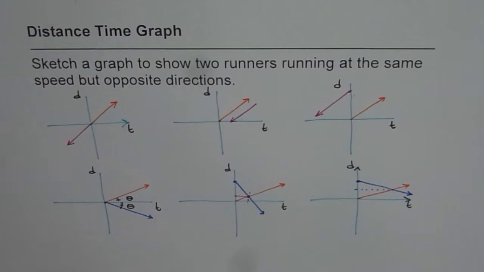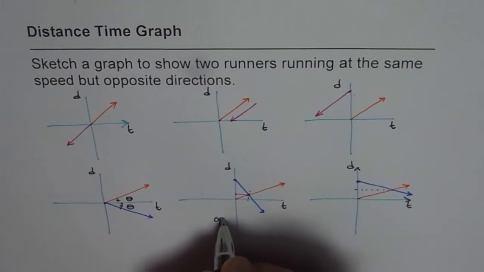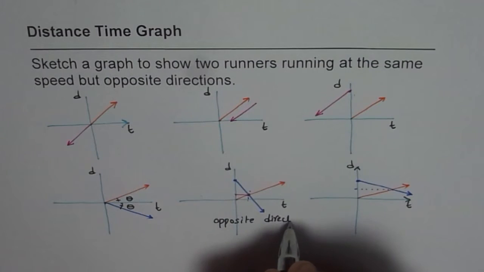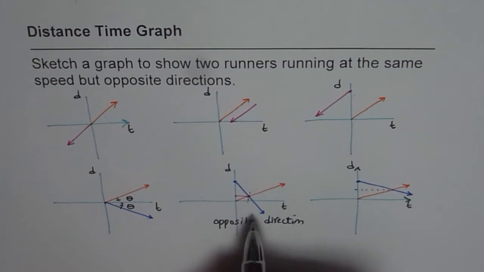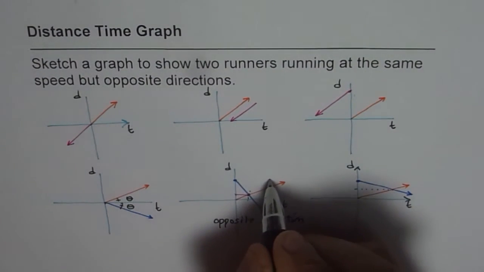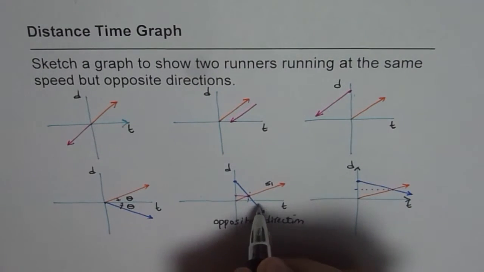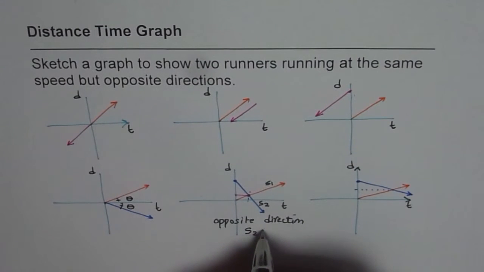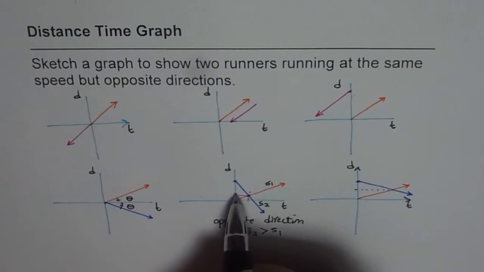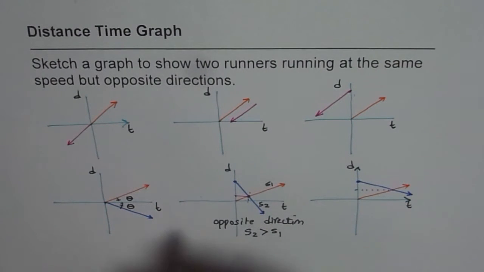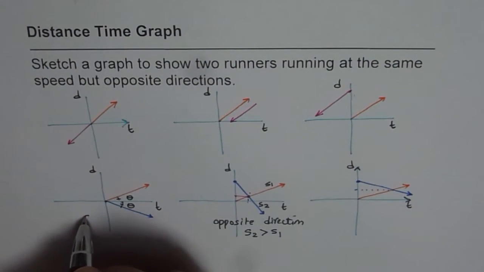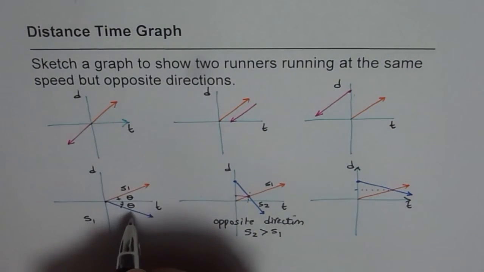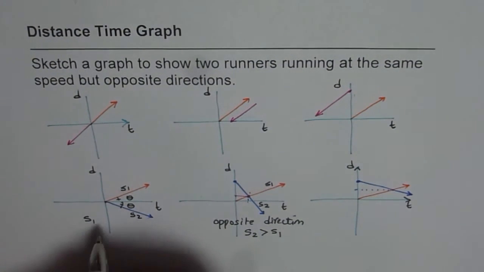So here it is opposite direction, but speed is different, right? If we say S1 is the speed for the first runner and S2 is the speed for the second runner, then S2 is much higher than S1 because the second runner covers much more distance.